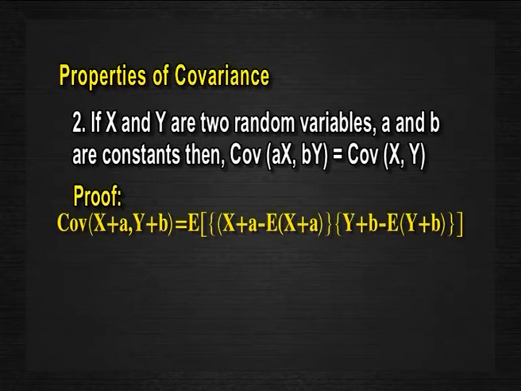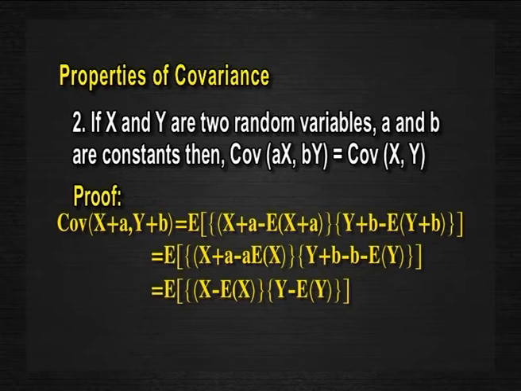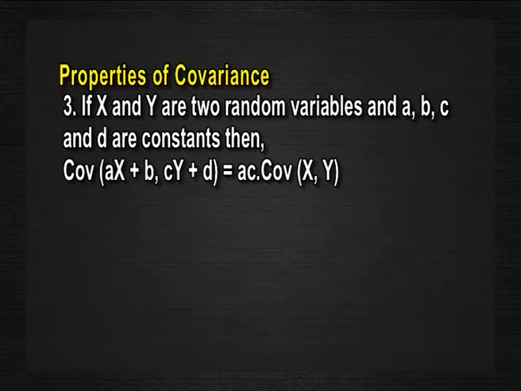By taking constants outside the expectation, we get expectation of (x plus a minus E of x) into (y plus b minus E of y). On simplification, we get expectation of (x minus E of x) into (y minus E of y), which is equal to covariance of x, y. The third property is as follows.